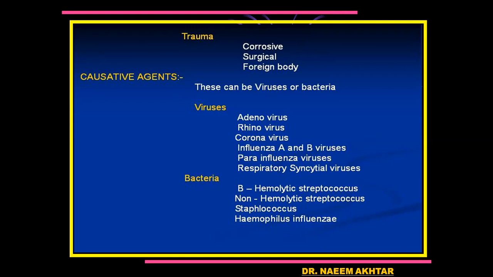The bacteria commonly seen to cause acute pharyngitis are beta hemolytic streptococci, non-hemolytic streptococci, staphylococci, and H. influenzae.